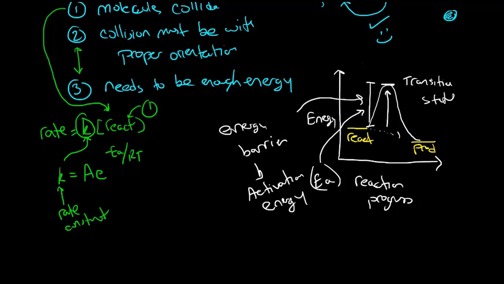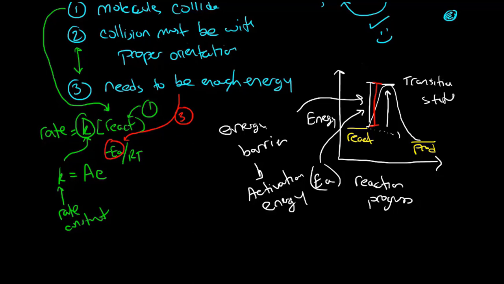Up here we see our activation energy. So our activation energy, we said, was the energy it takes for reactants to bump into each other to react. So our activation energy is requirement 3. So we see requirement 3 built into this equation.